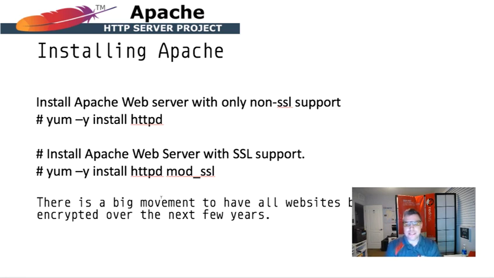In fact, starting January 2017, the Chrome web browser will start to say non-secure website in the URL for any websites that are not secure. So we are leading the revolution to secure every website, whether it has secret information on it or not, just for our own protection and to make it harder for snooping. Not that it can't be broken, but we make it a lot more difficult to do so.